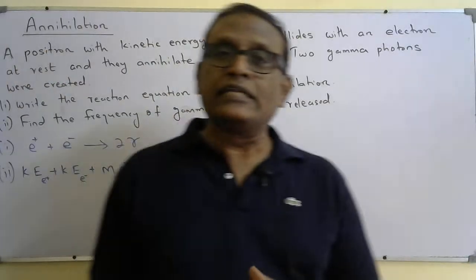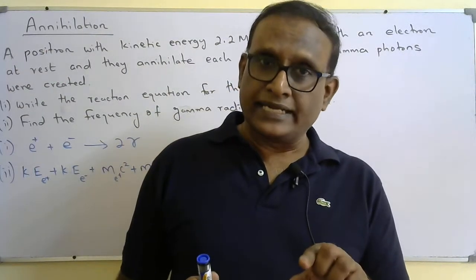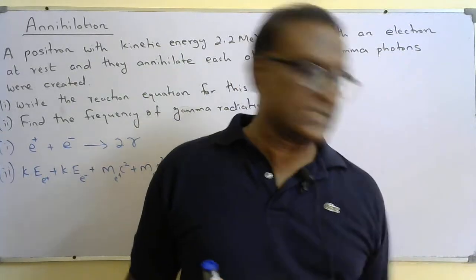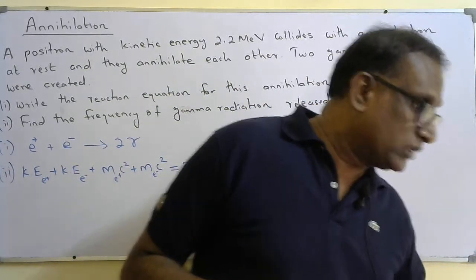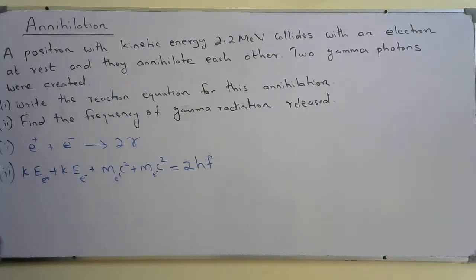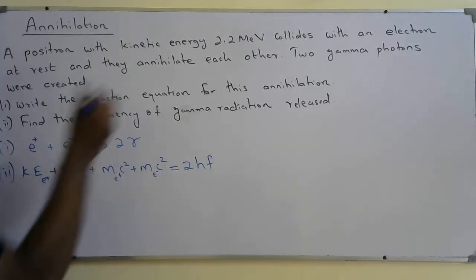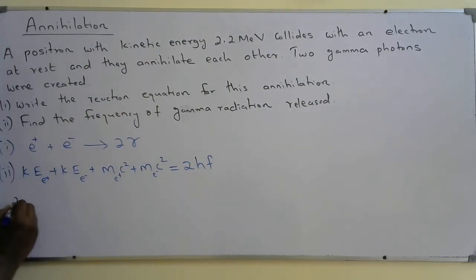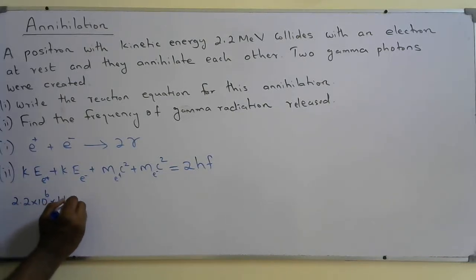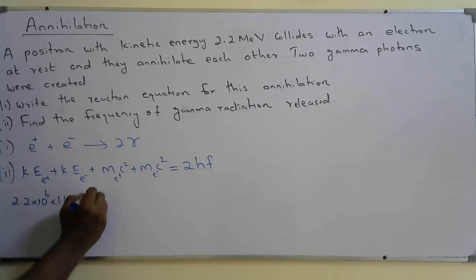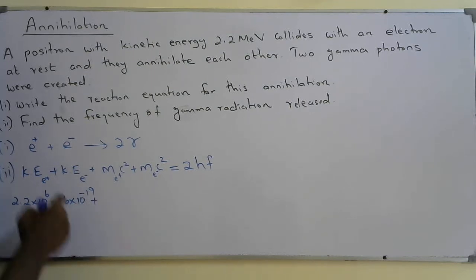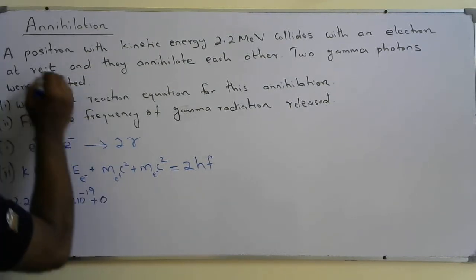You must know to multiply by 1.6 times 10 to the power minus 19 times 10 to the power 6, because it's mega electron volt. Okay, we'll do the calculation now. The kinetic energy of the positron is 2.2 mega electron volts, so 2.2 times 10 to the power 6 times 1.6 times 10 to the power minus 19 joules. The kinetic energy of the electron is 0 because it was at rest.